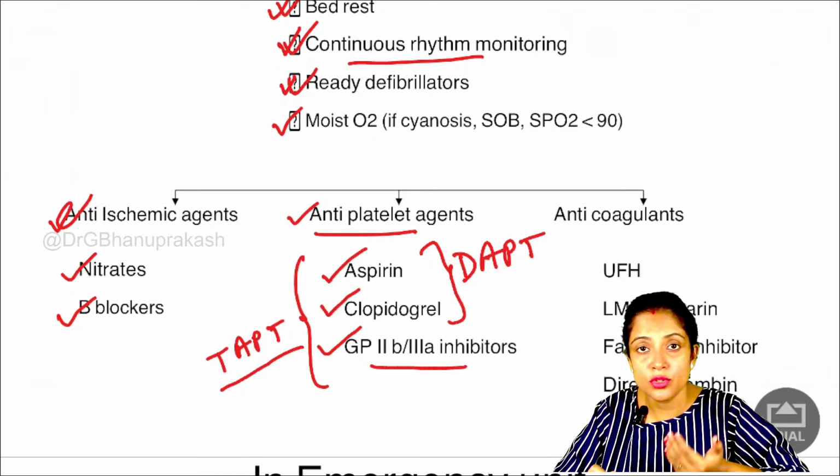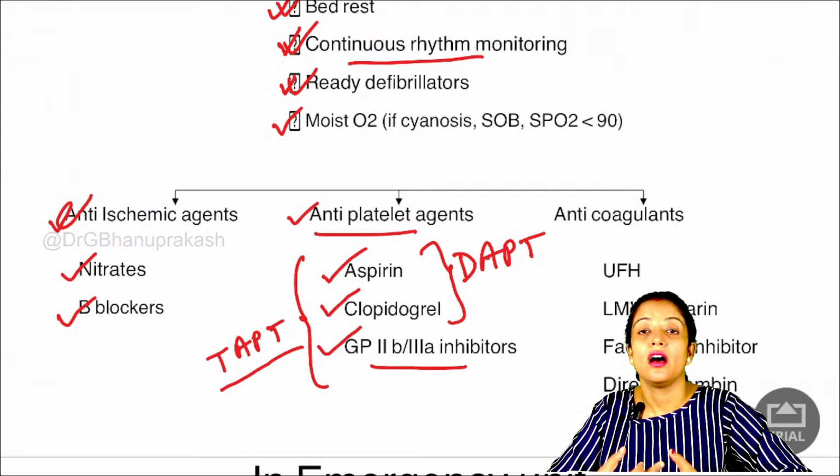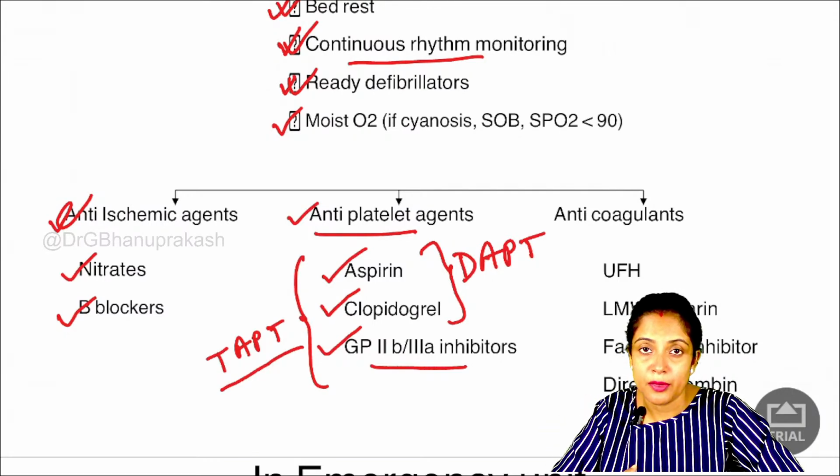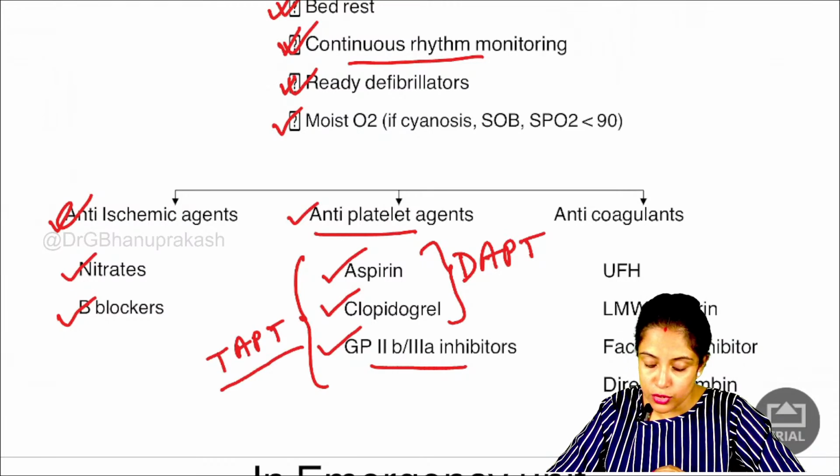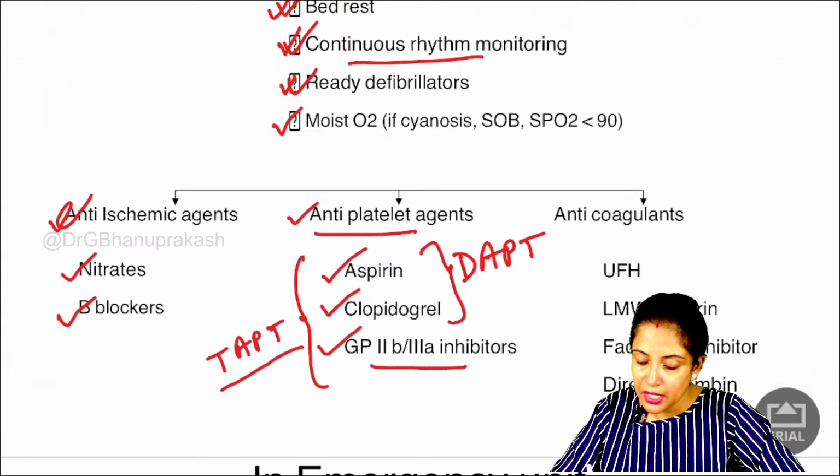That means the patient was on dual antiplatelet therapy, and over that the patient develops myocardial ischemia again, so we need to give a third agent, that is the GP inhibitor. Before doing PCI, we need to give this. Why don't we always give it? Because it causes bleeding. It has a high risk of bleeding. That is why we do not do this all the time.